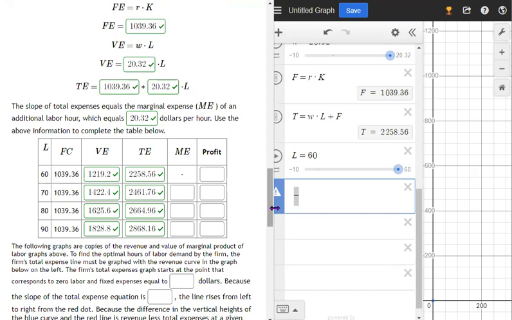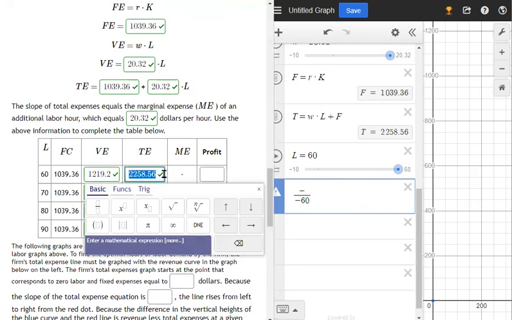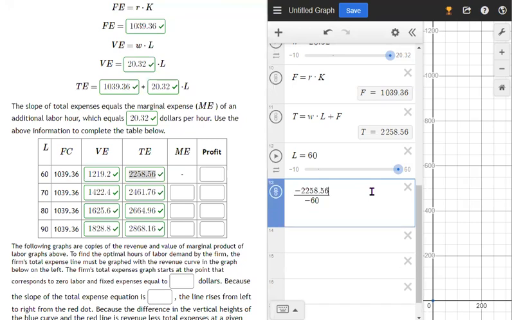When labor demand was 60, total expenses were that value. This ratio here is average expenses, but we want the marginal expense.